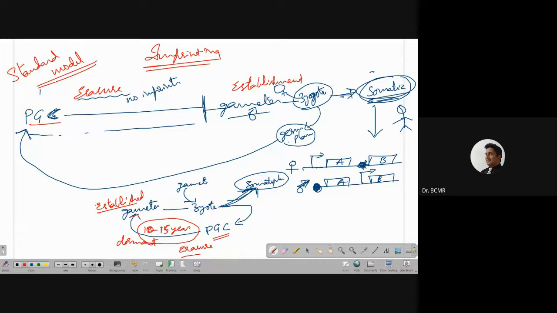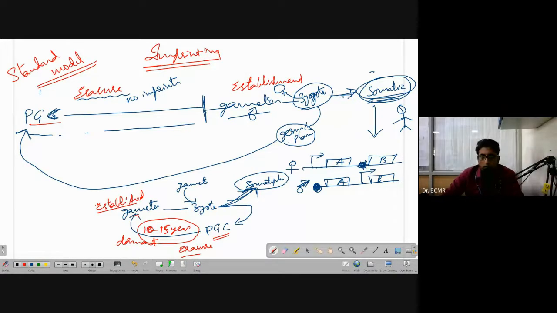So what we are going to learn now is, assume that you found out there are gene A and gene B which are likely to be imprinted, and you want to study how it is happening.